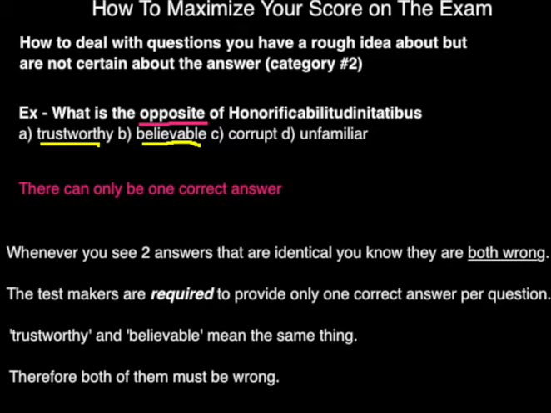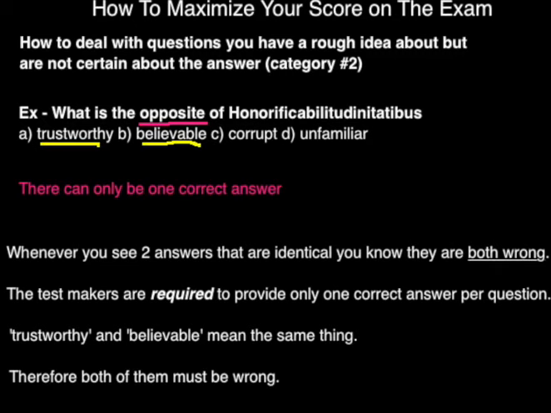If we go through the list of possible answers, we can immediately eliminate A, which is trustworthy, and B, which is believable, because those two words have a positive feeling or connotation to them. Whereas corrupt and unfamiliar are words that have a negative connotation.